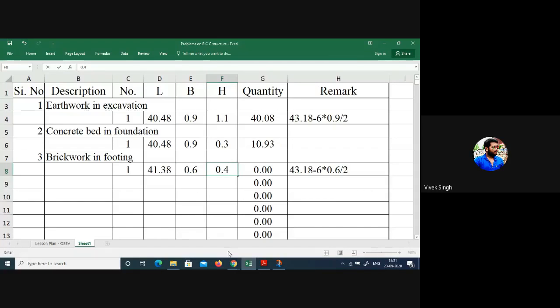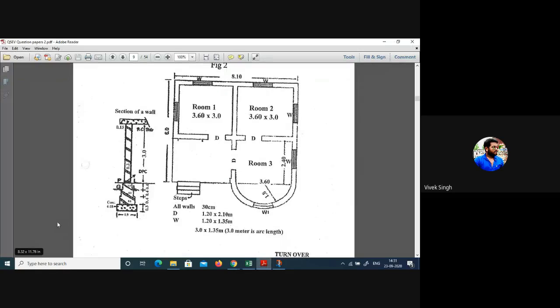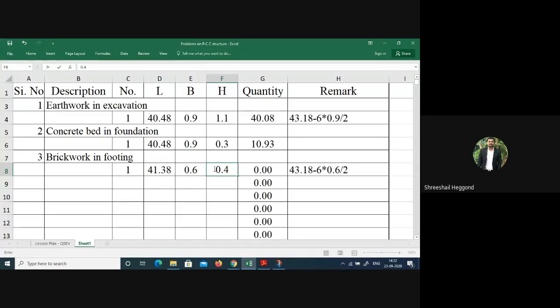Same, sir. Width is 0.6 and height is 0.4. You can see in the cross section that you have to multiply. Therefore, quantity will be 9.93. This is the first footing. Next, we'll calculate for second footing.